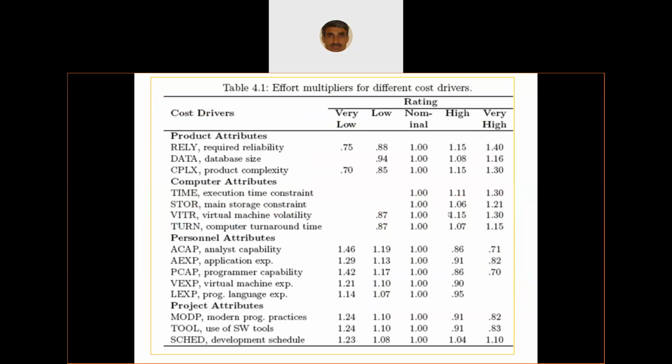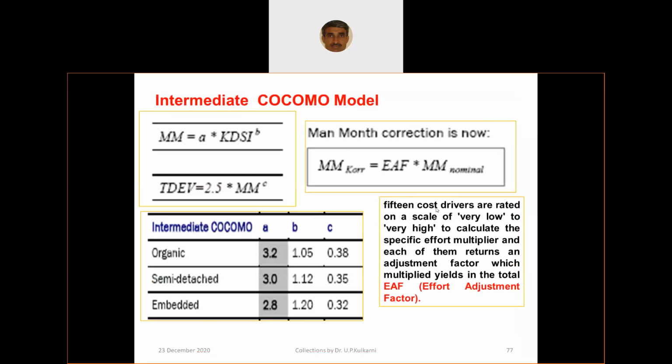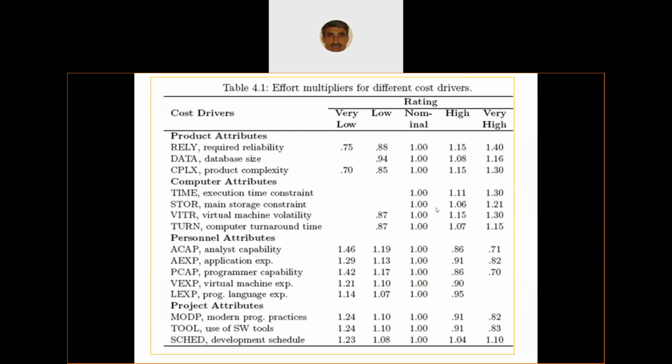Take a screenshot of this. Study it as theoretical, descriptive material. This factor they multiply with the man months. For example, look at the required reliability.